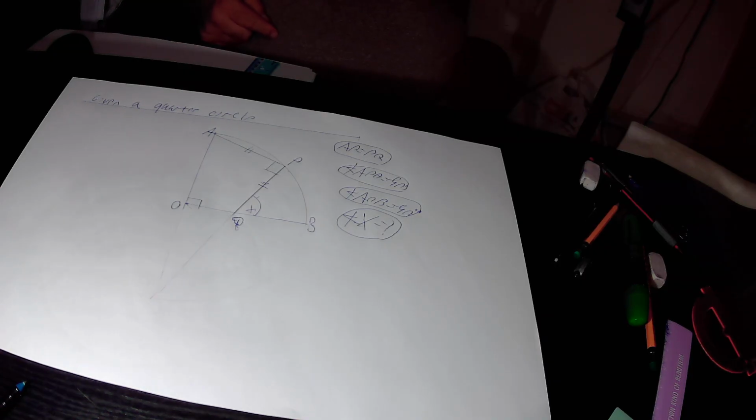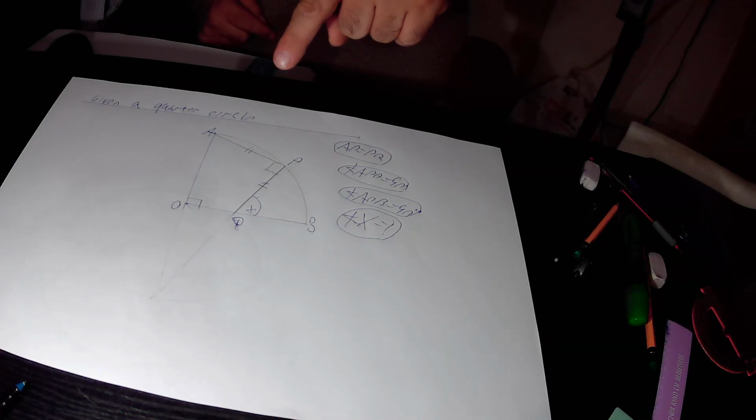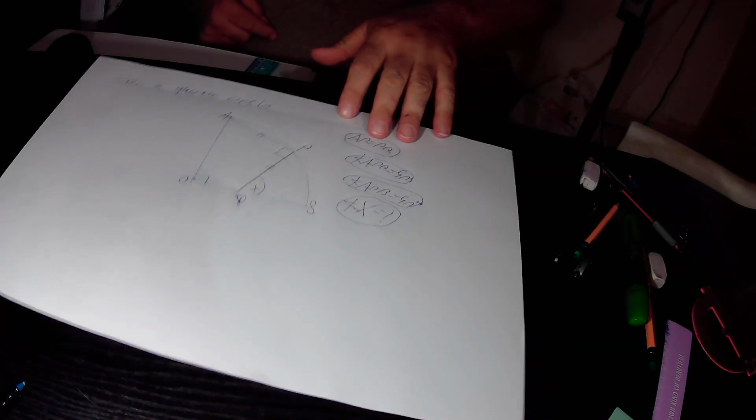So in the first step, we complete the quarter circle to a semicircle.